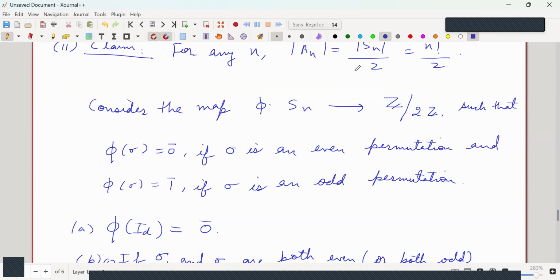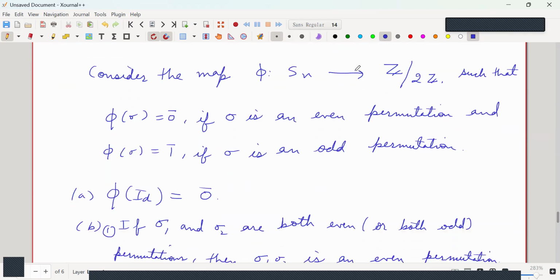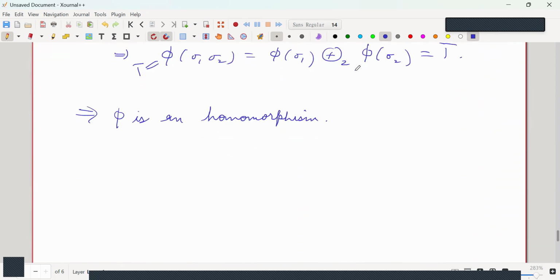So if we restrict this phi to An, what will you obtain? Then I'll get only zero for all sigma. So then what is An? And is it zero for anything outside An? No. So An is precisely the kernel, right? Yes.